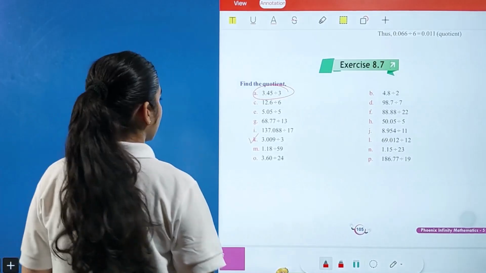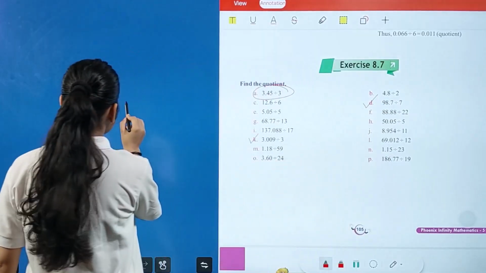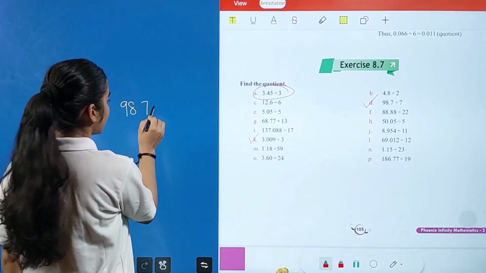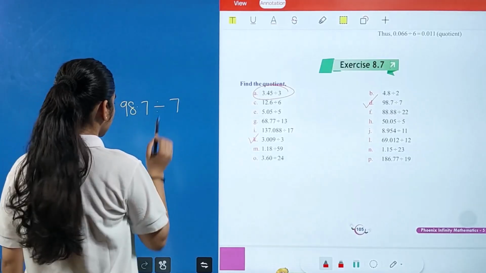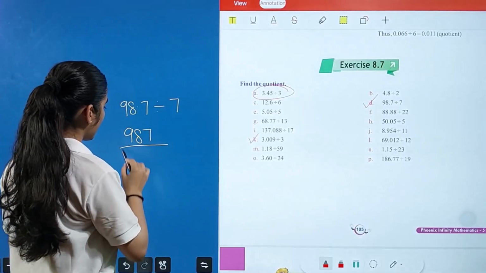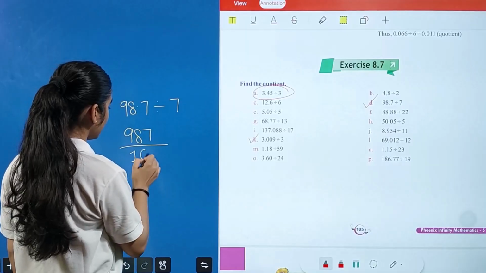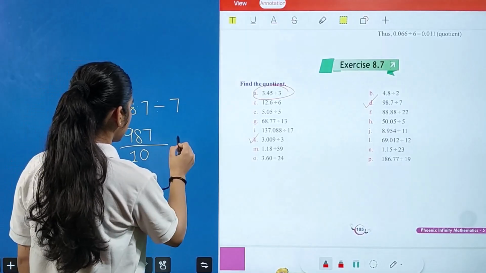Now we take one more example, D: 98.7 divided by 7. First we have to remove the point and convert this into fraction form. So 987 upon 10 is your answer.